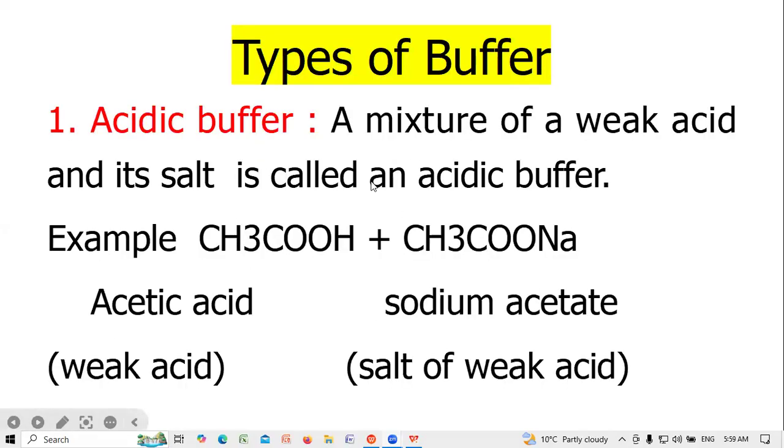Types of buffer solution are acidic buffer solution: a mixture of a weak acid and its salt is called an acidic buffer. For example, sodium acetate mixed with acetic acid produces an acidic buffer. If you add a small amount of acid or base, the pH does not change in this mixture. That's why this is a buffer solution.